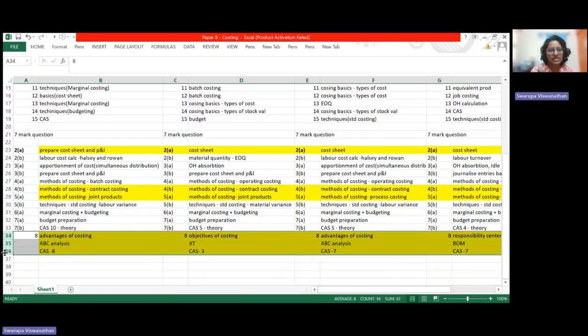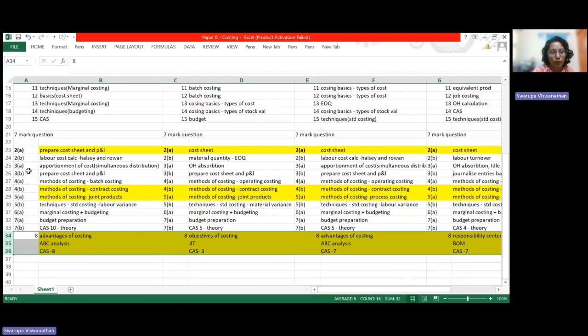So from this analysis, we can say that if you have studied methods of costing and techniques of costing, cost accounting standards, and you know the basics of how to prepare a cost sheet, if you know these 4 things, you will be able to score more than 60%.